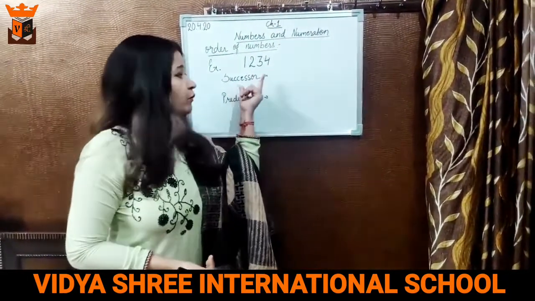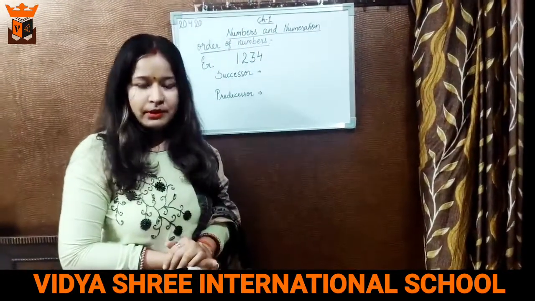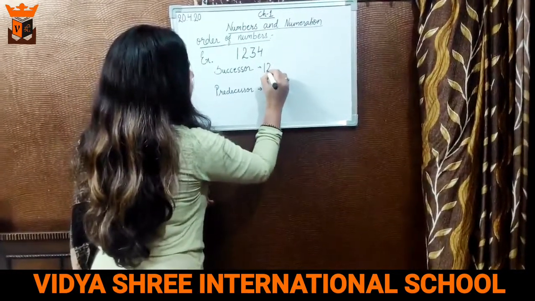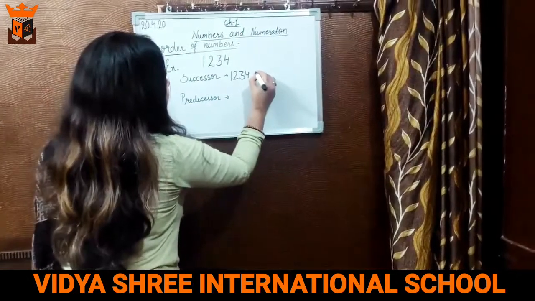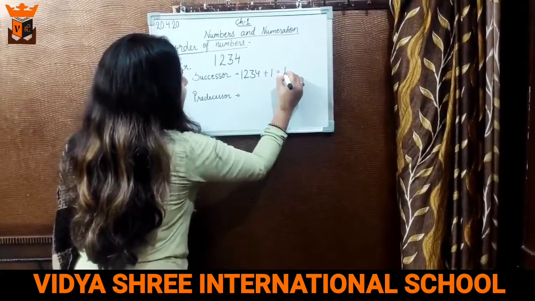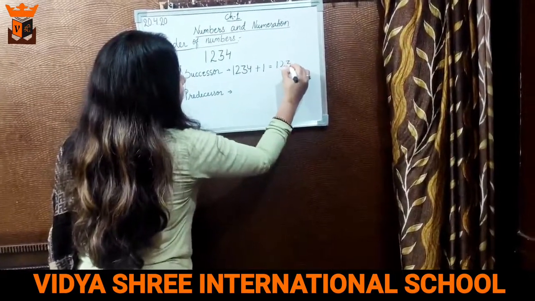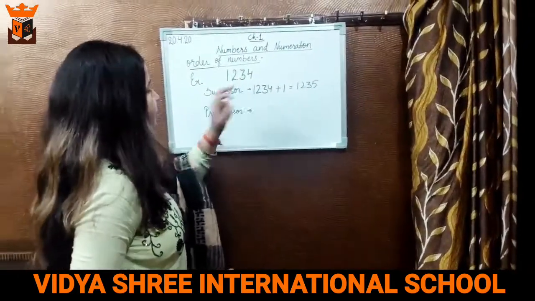How will you get it? Just simply add 1 to this number and you get its successor. 1234, which is the number given, plus 1, the number is 1235. Now it is called the successor of the given number.